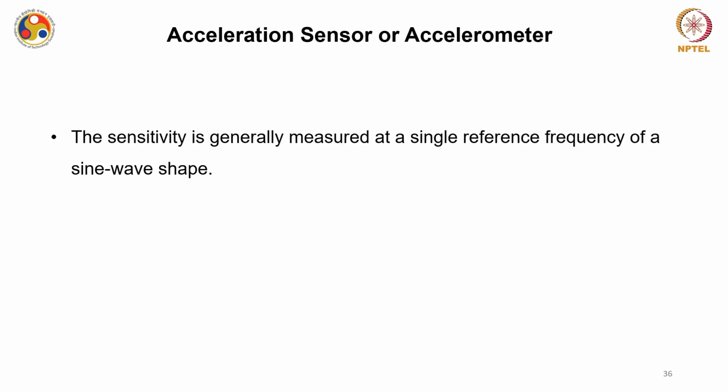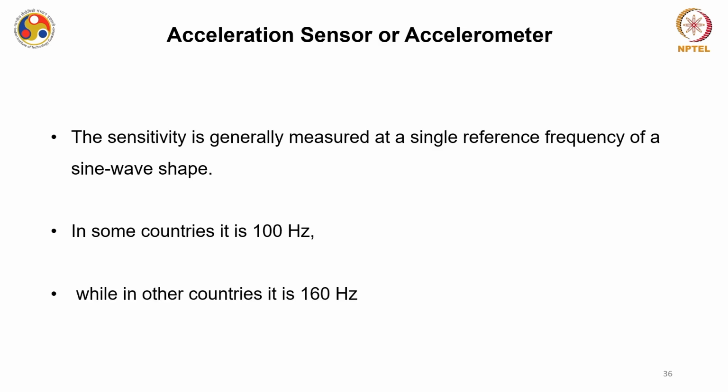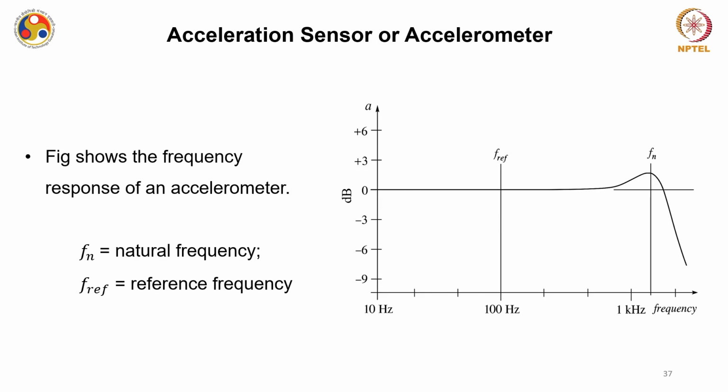All right, so the sensitivity is generally measured at a single reference frequency of a sine wave kind of signal. In some countries it is 100 hertz, or in certain countries it is 160 hertz, depending on where you are buying these accelerometers from. The frequency response of an accelerometer looks typically like this.